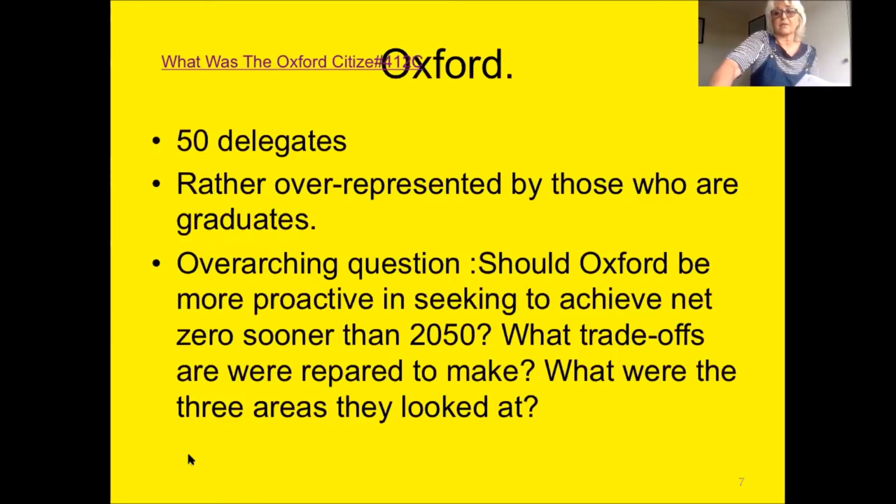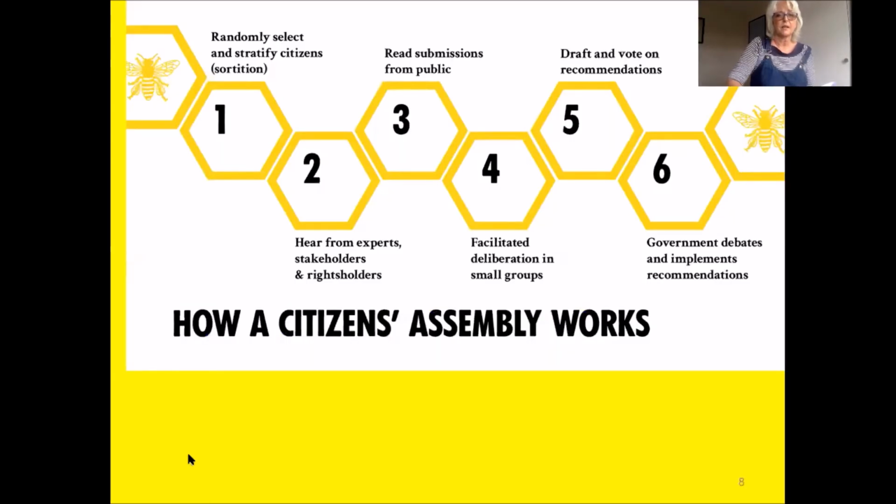So that's how it was done in a city. So let's move on to a national Citizens Assembly. One has just finished, and it was held over several weekends from January 2020 until May this year.